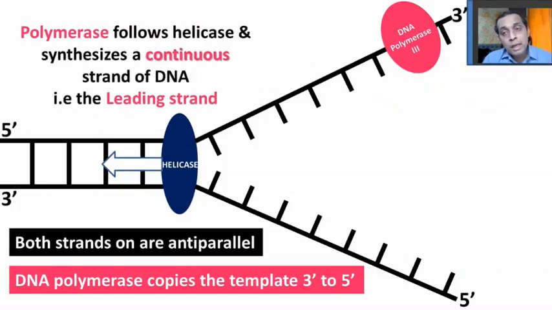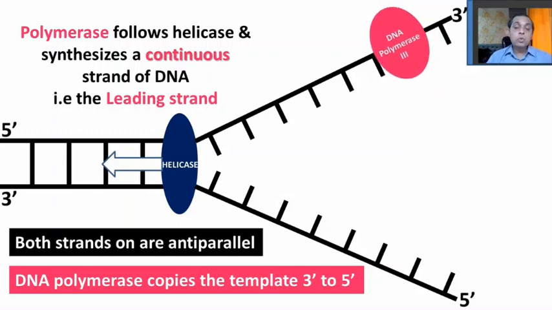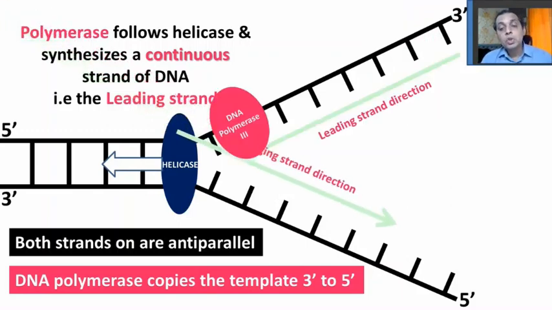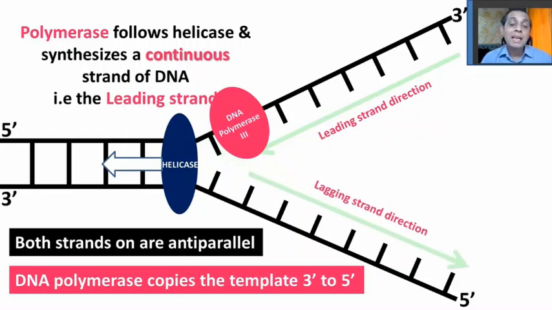So the polymerase keeps on following the helicase in the direction and makes a continuous strand. But the lagging strand, that is the opposite strand, is going to also be made, but the direction of the new strand is not going to be the direction of the helicase, it is going to be opposite to the helicase. That is going to be the lagging strand direction.